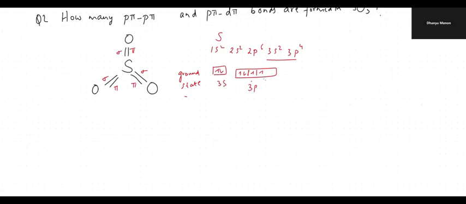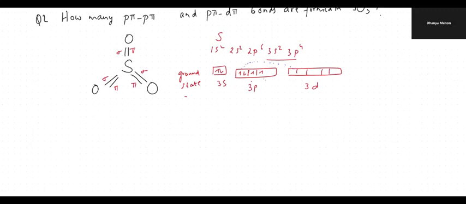So this is the 3d orbital, 1, 2, 3, 4, 5. So this is the ground state. So the electrons can jump. One of the electrons can jump from 3p orbitals to 3d. And from 3s also it can. So this will be the first excited state, okay?